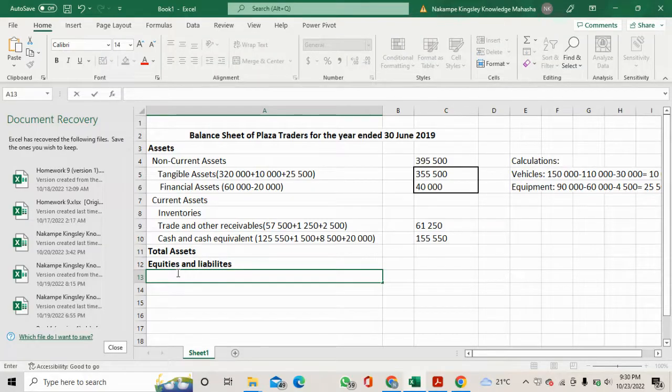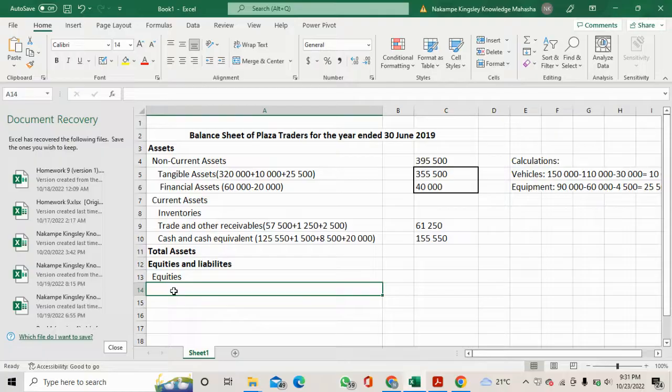Under equity, we're going to have owner's equity.